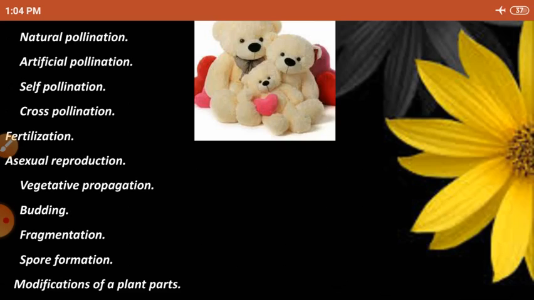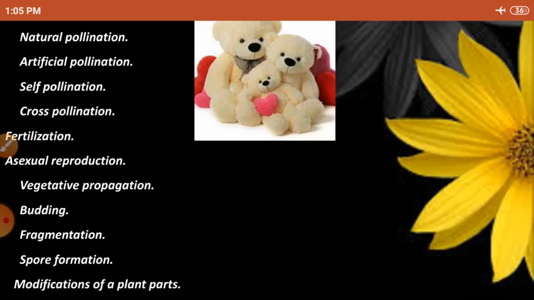Okay, and self-pollination and cross-pollination. Self-pollination means reaching the pollen grains to the stigma in the same flower, or the same kind of flower but on another plant. And cross-pollination is reaching the pollen grains to the stigma of the same kind but another flower.